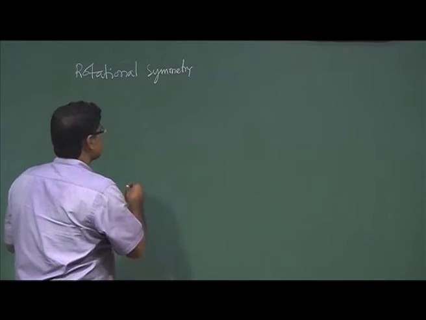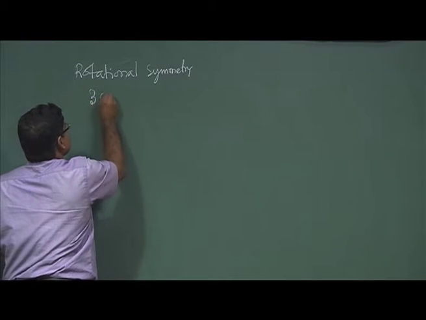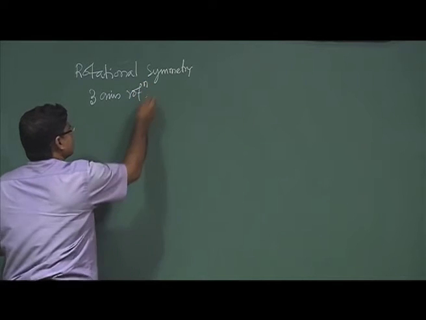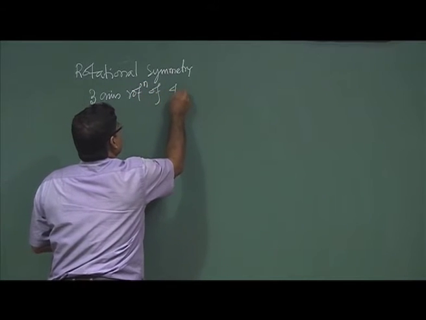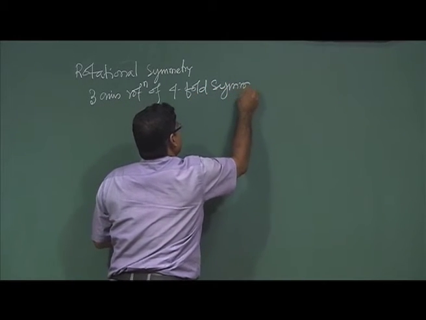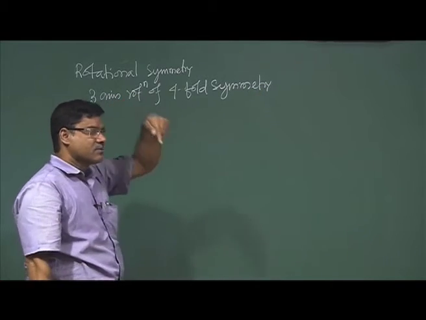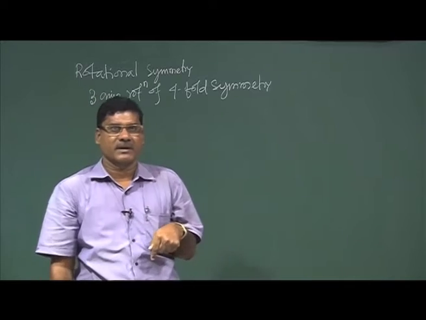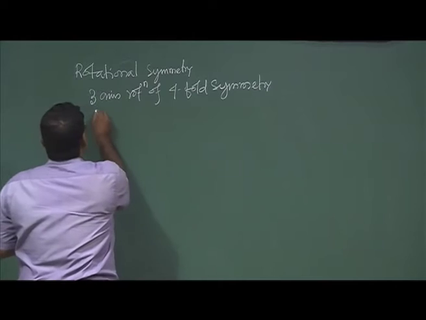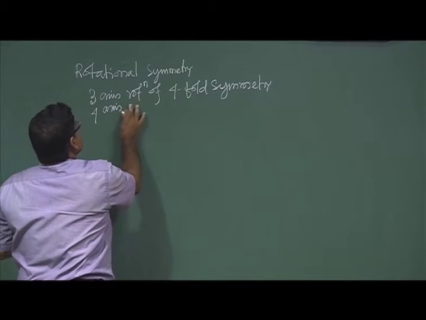So, we have seen basically 3 axes of rotation of 4-fold symmetry. These 3 axes pass through the center of the face.